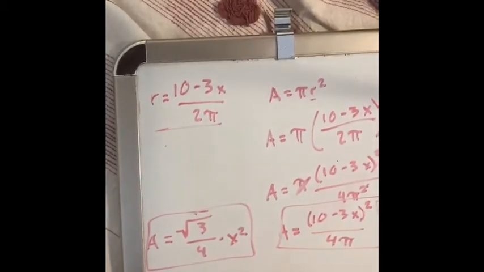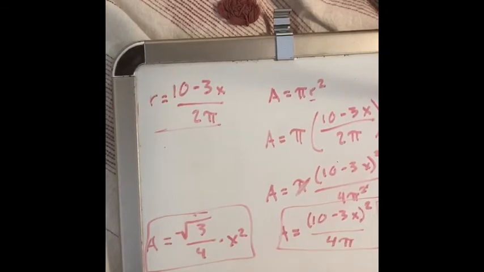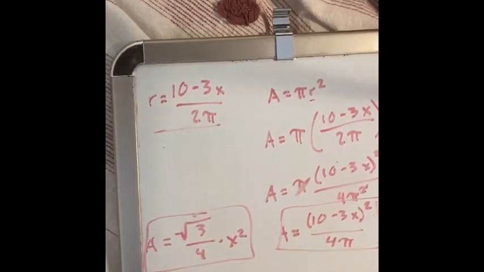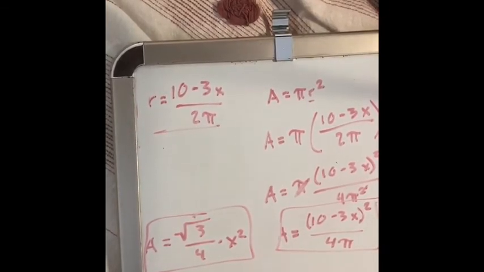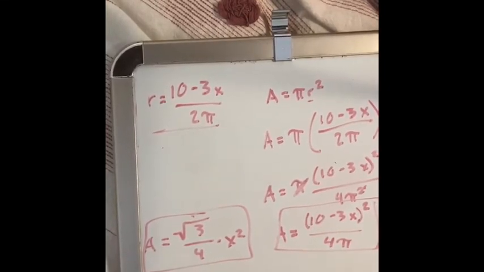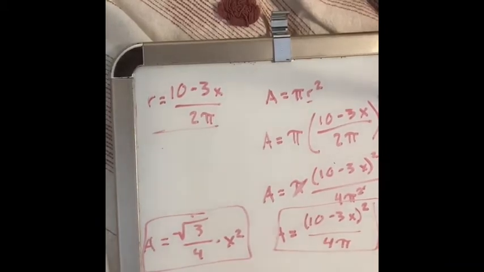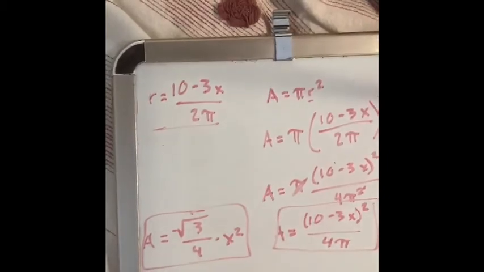So our answer will be A equals 10 minus 3x squared over 4 pi plus the square root of 3 over 4 multiplied by x squared. And this will be our final answer for part A.